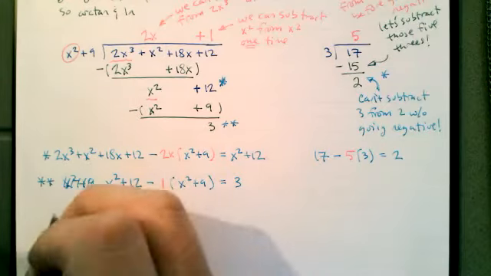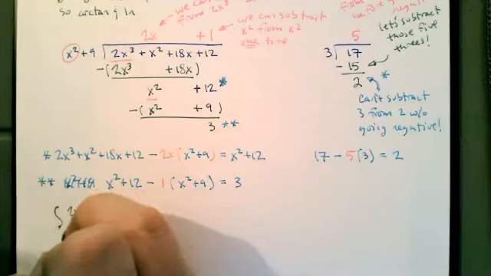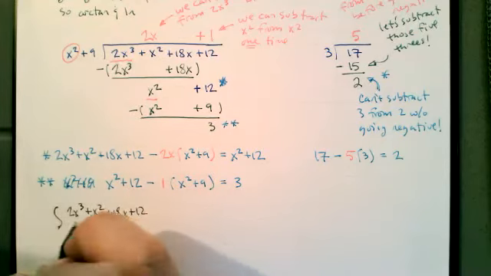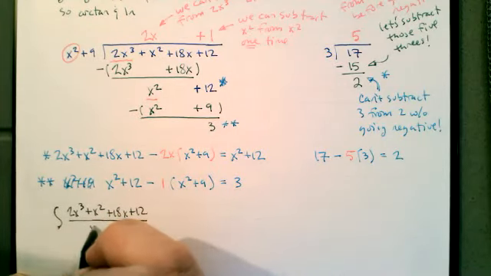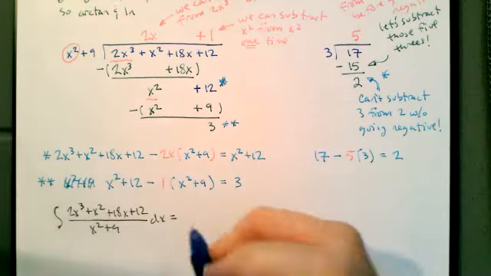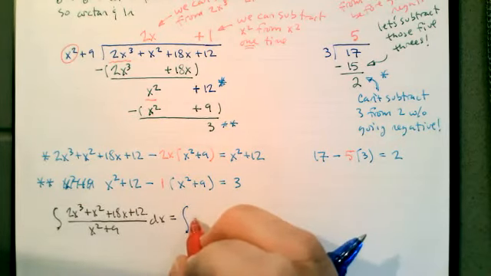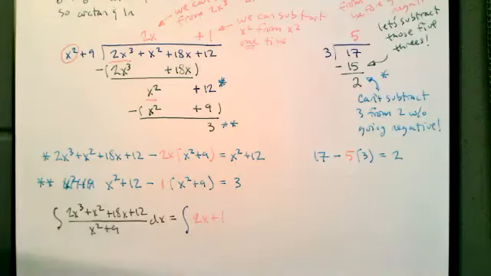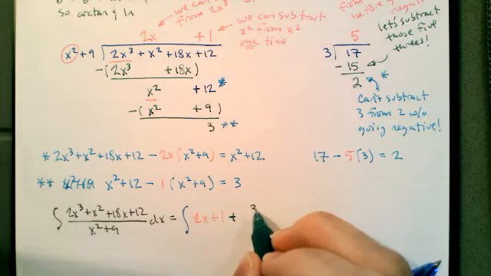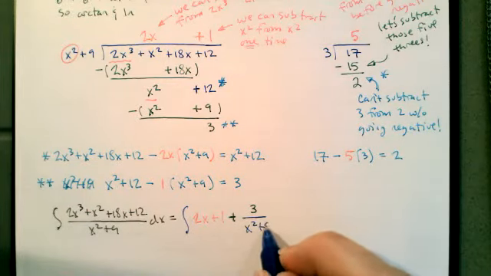So our original integral we're going to rewrite as 2x plus 1, that's going to be the whole number parts, plus the remainder, which is 3, divided by x squared plus 9.